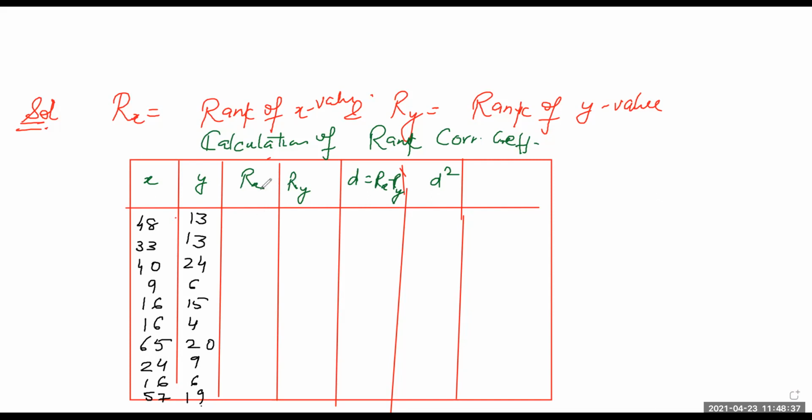First of all, we will calculate the rank of X. 65 is the maximum value, so it will have rank 1, right? Then 57 will be assigned rank number 2. Then 48, rank number 3. Then 40, rank number 4. Then 33, rank number 5. Then 24, rank number 6.